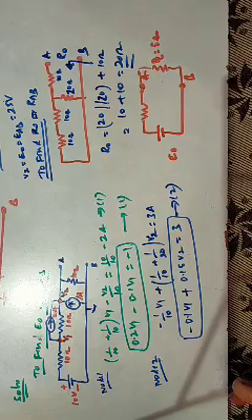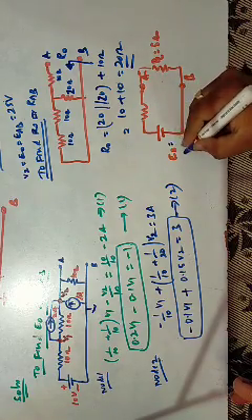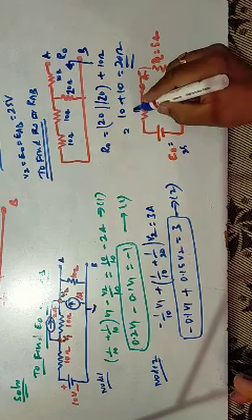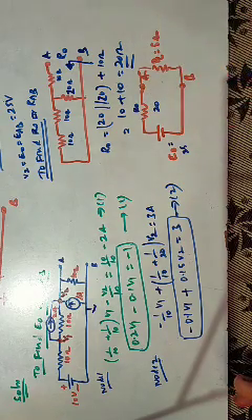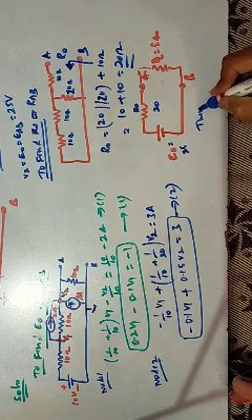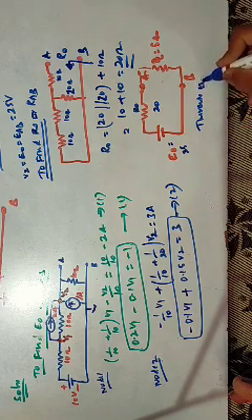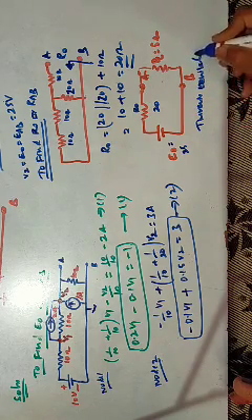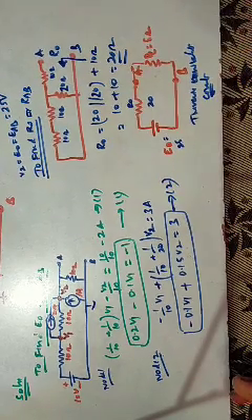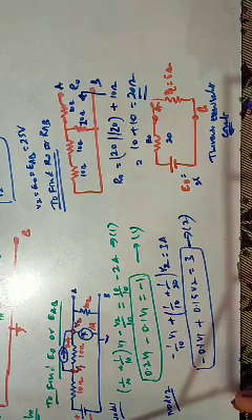So E0 we have found, that is equal to 25 volt, and R0 we have found, the value 20. This is the Thevenin's equivalent circuit.